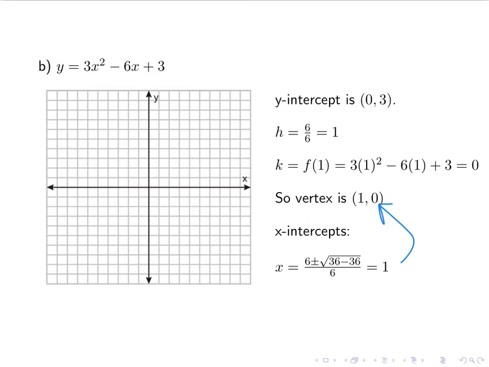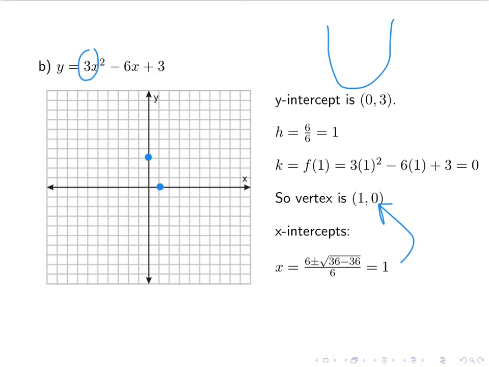Okay? So if I go and plot these 2 points that I have, we'll have the following. Even though I know the vertex is 1, 0, I also know that our graph is opening upwards. So I have the general shape of this guy. But just those 2 points isn't enough. So what I'm going to do is use the symmetry.